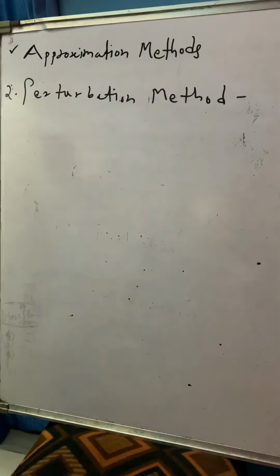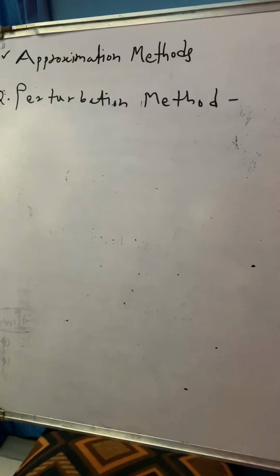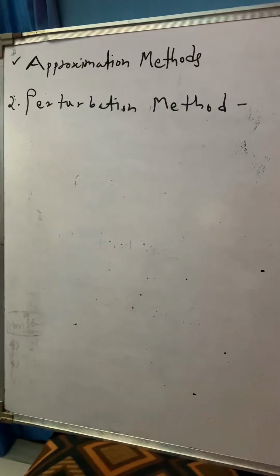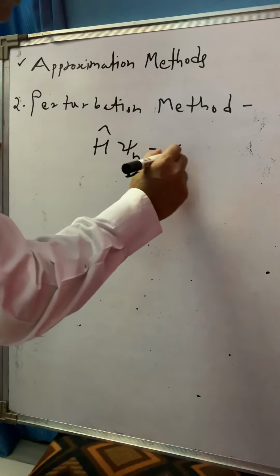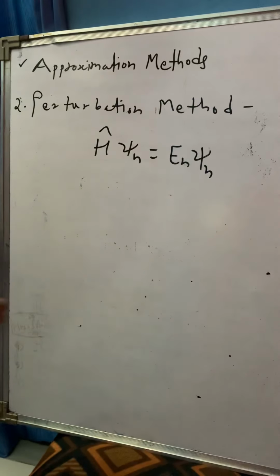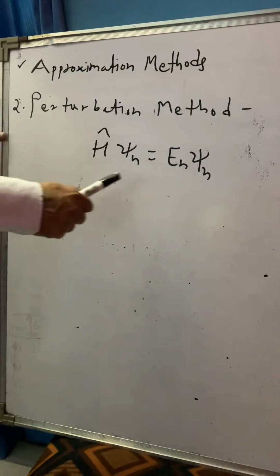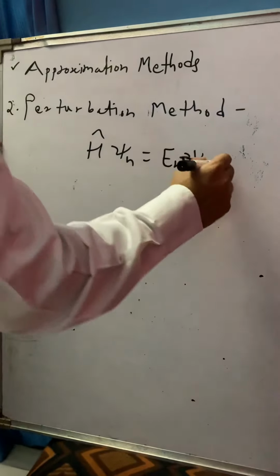Now the second method, that is the perturbation method. In this case we have the Schrodinger equation H psi n equal to En psi n, and we are unable to solve this equation.